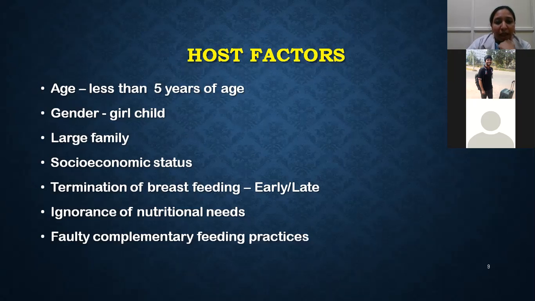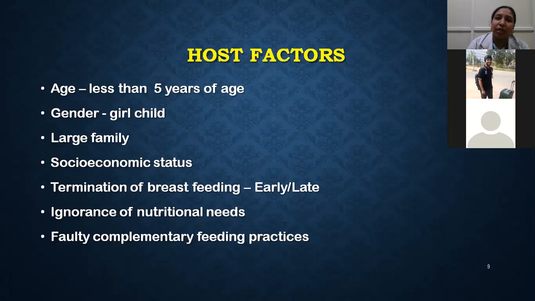Okay. And faulty complementary feeding practices, definitely. As I told you, after 6 months you have to start the complementary feed. Some families do not start the complementary feeds after 6 months. They say that you have to start it at 9 months. And they do not give foods which are easily digestible for the child.